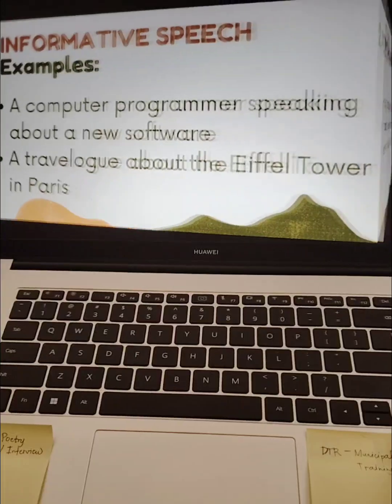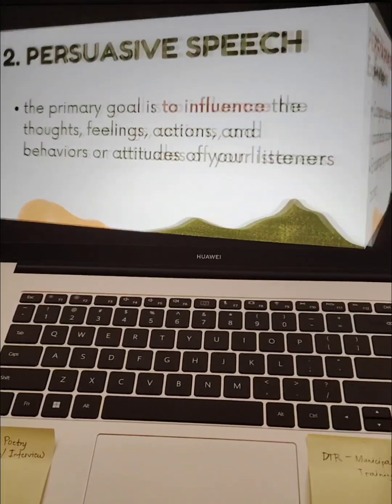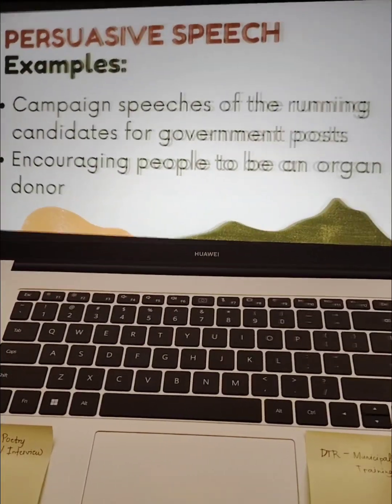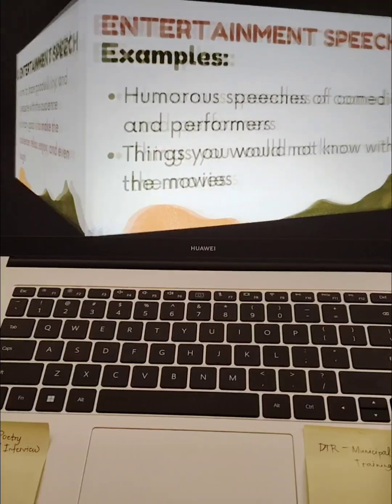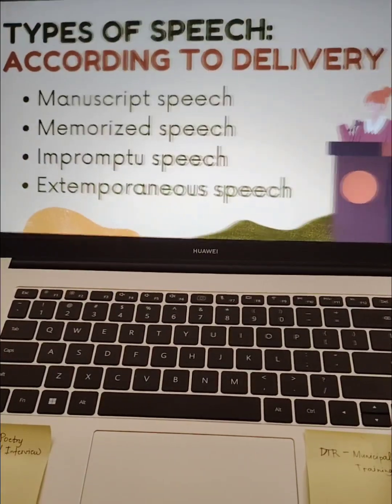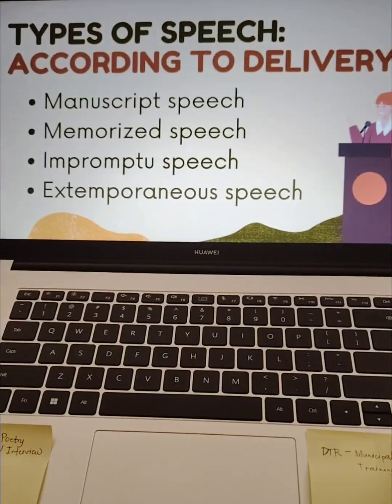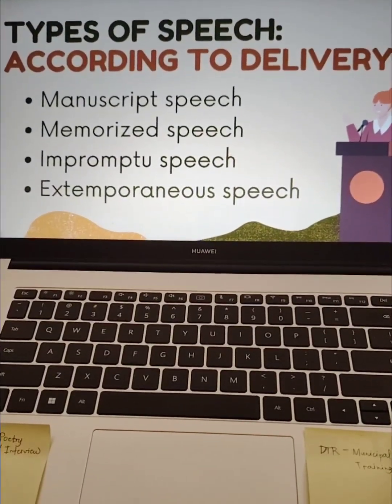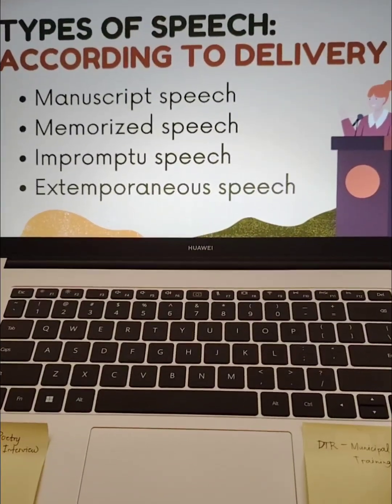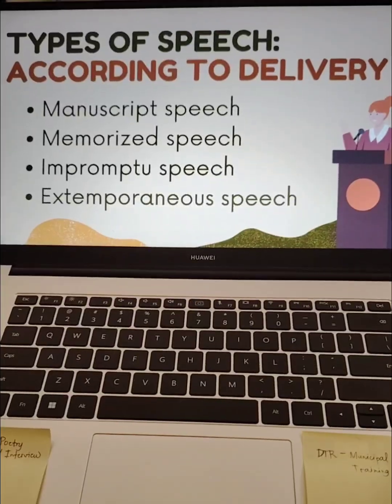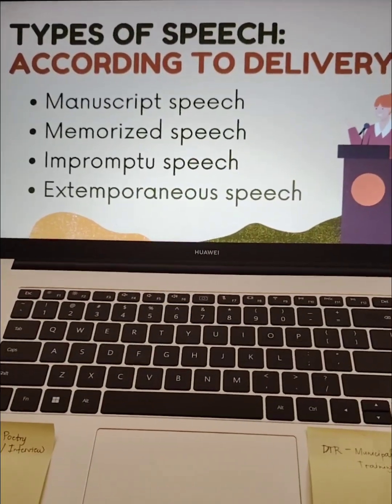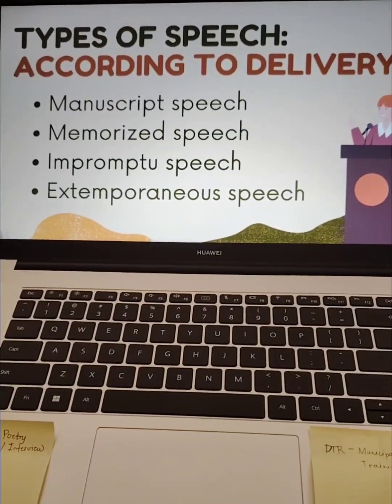So let's just have a run through of the slides that we have tackled. When we say manuscript, memorized, impromptu, and extemporaneous speeches, these are types of speech according to delivery.